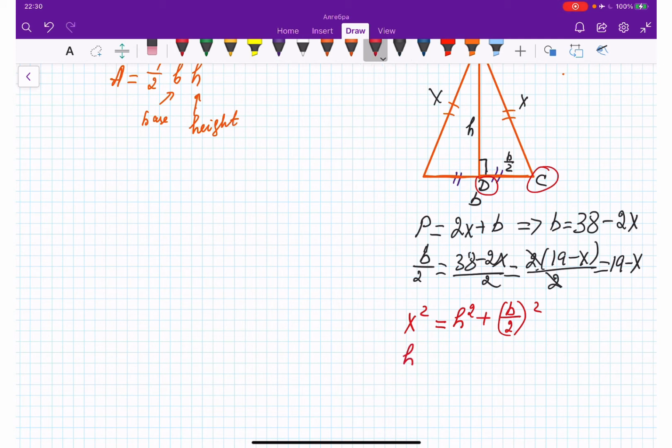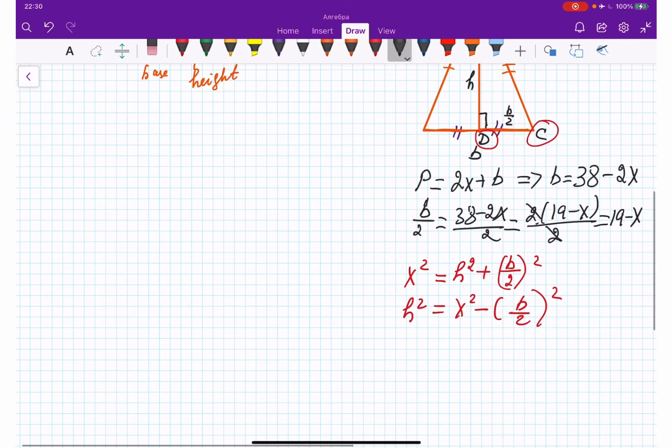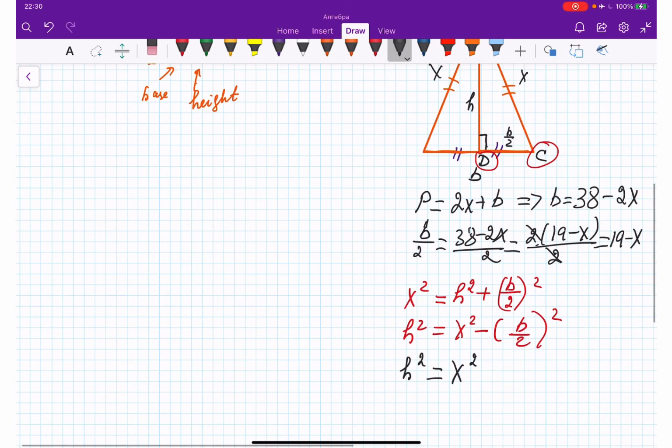H squared is going to be equal to x squared minus b over 2 squared, right? Let's calculate. H squared is equal to x squared, we don't know how much x is, so we leave it alone, but we do know how much b over 2 is. It's 19 minus x, so minus (19 minus x) squared.